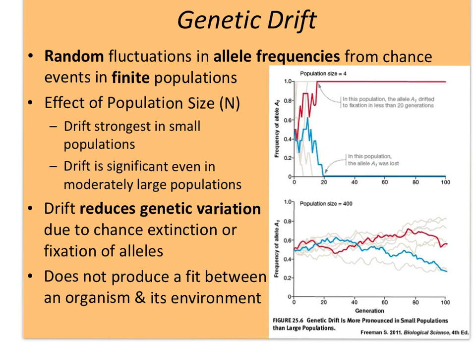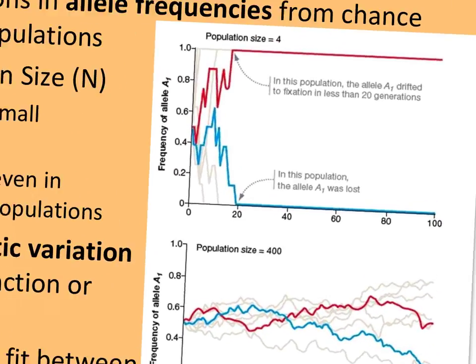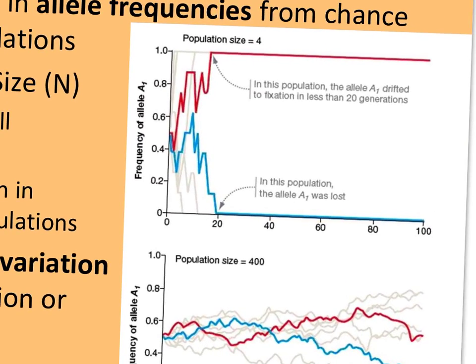Because it's such a small population size, in this case, this allele A1 actually went to fixation, and A2 went extinct. And if you had a whole bunch of different populations, it would be very random which alleles actually stayed in the population and which ones went extinct, just from chance alone.